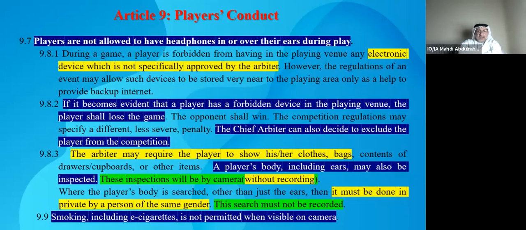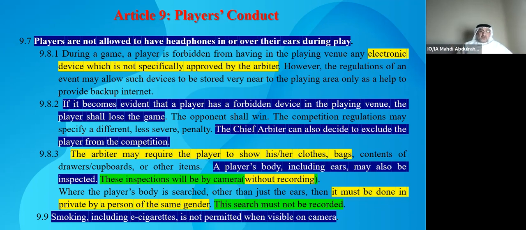Okay. If we have, for example, a lady who is covered, maybe a Muslim lady, they cover the hair. They cannot remove the cover in front of the men and other players and so on. So in this case, they take her to a private room in the Zoom with one woman arbiter. Then they tell her, please remove your cover or your dress and so on, and they will check.